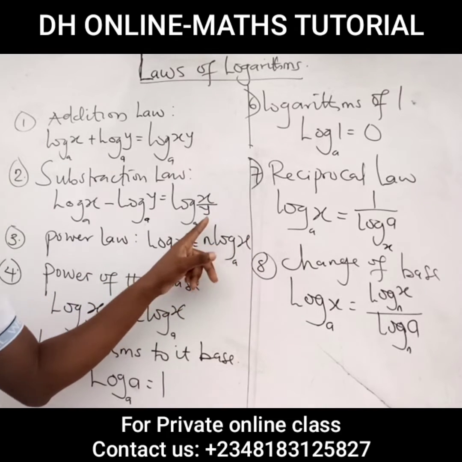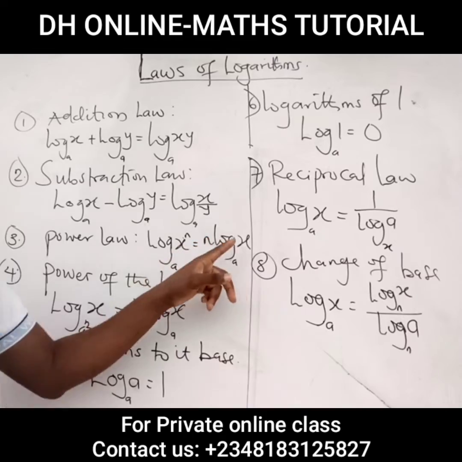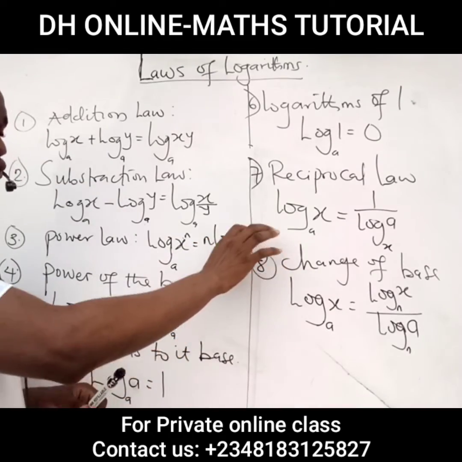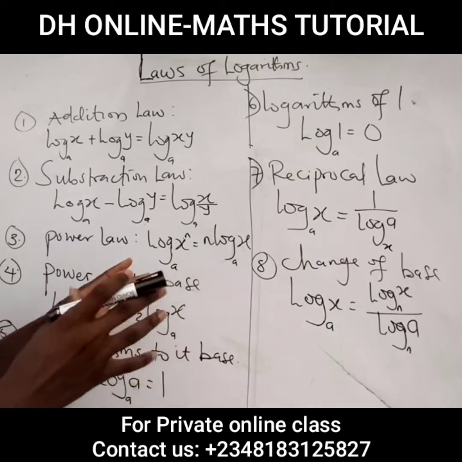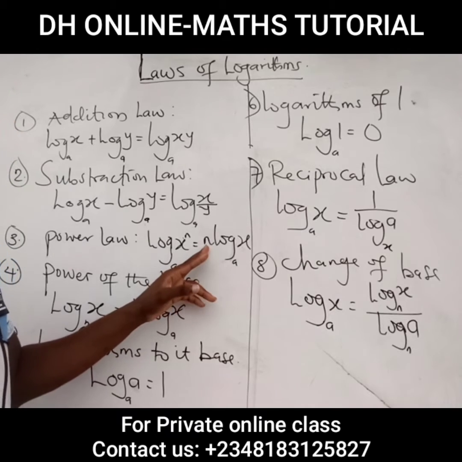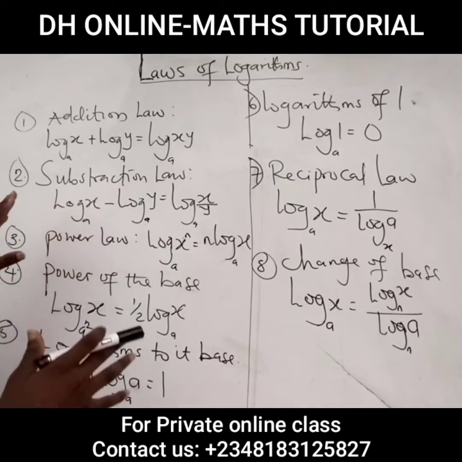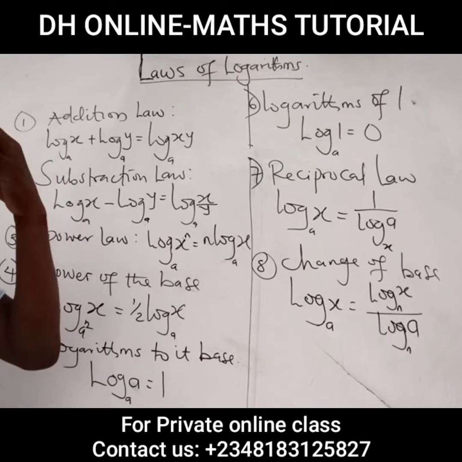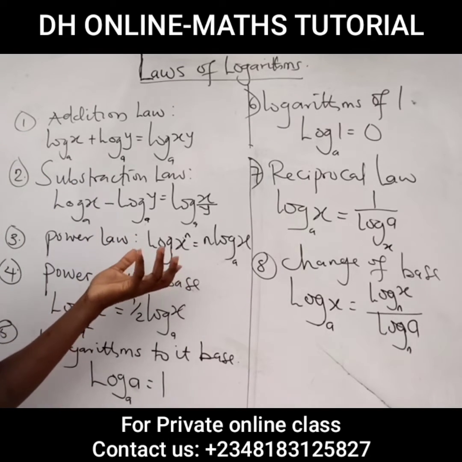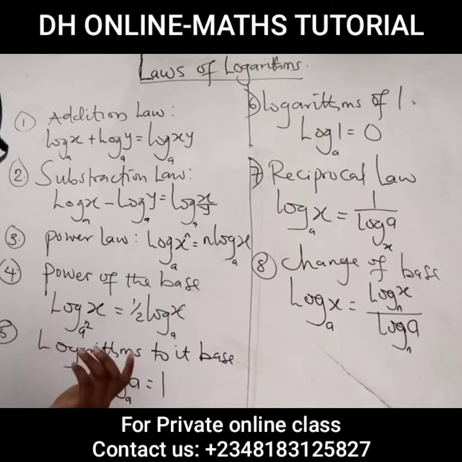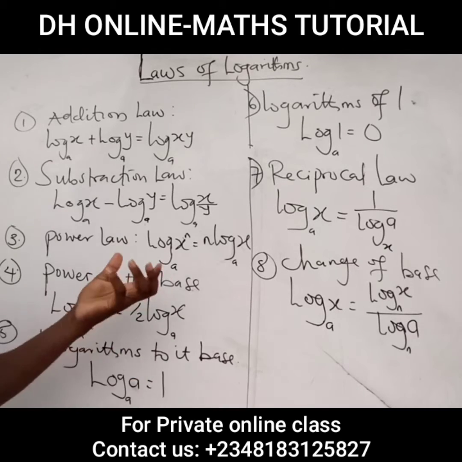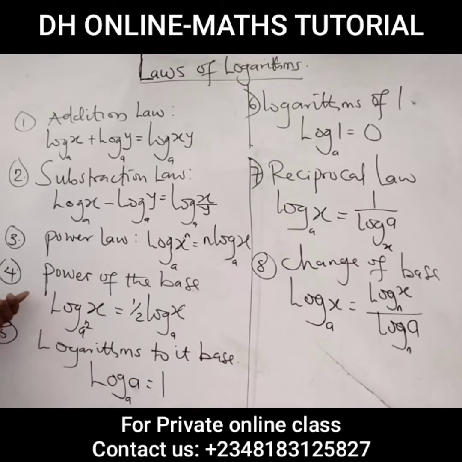So n is brought to the front of the log, and if this happens to be a number, we are going to work it out, and this number will multiply this log here. So that's for that. Don't worry, you will understand when we start making use of numbers, but you just have to understand what this law is talking about, because it is from the knowledge derived from this law that we implement in real numbers when we start using them to solve questions.